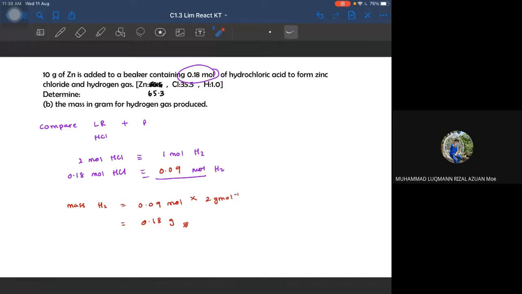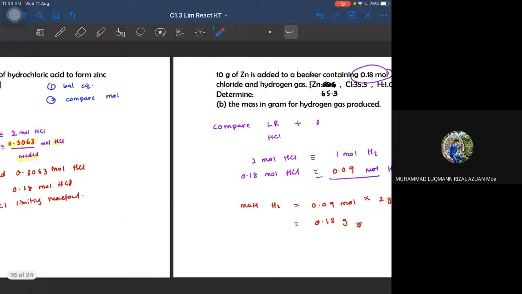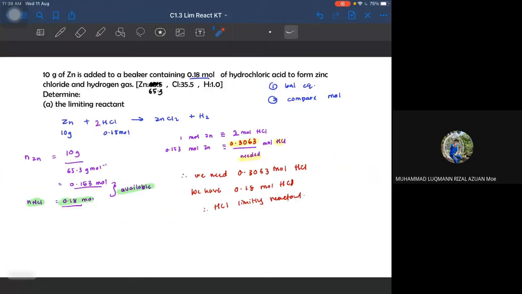Buat je step by step. First, check balance equation and then find mole. Lepas tu kita compare mole, dan identify siapa limiting reactant. Bila dah ada limiting reactant, baru kita boleh teruskan dengan next step of the question.